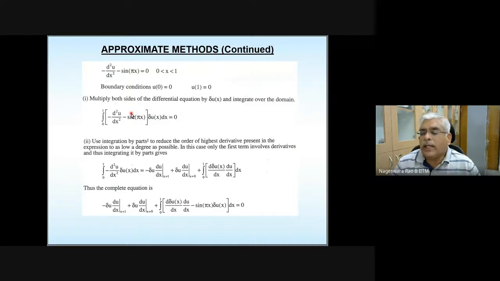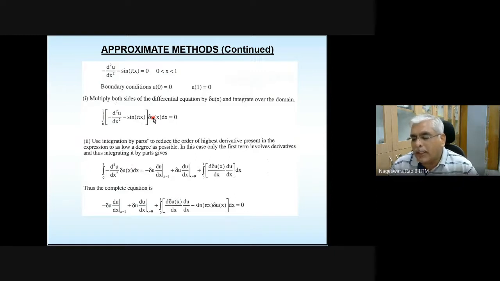By using integration by parts, we reduced the order of differentiation on u. Instead of taking two derivatives on u, we transferred one derivative to the variation of u. The same logic can be applied anywhere. That is the modified Galerkin method.